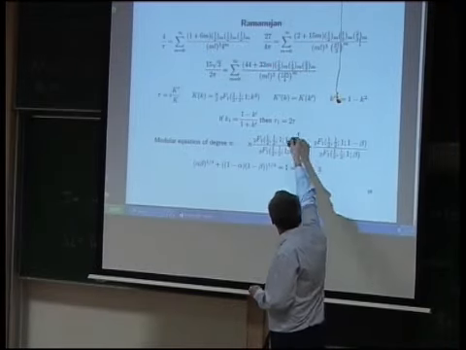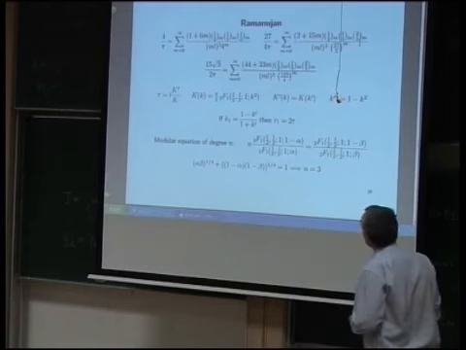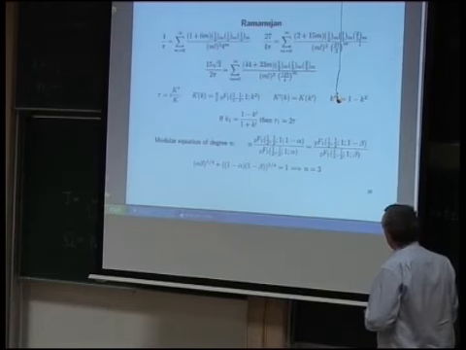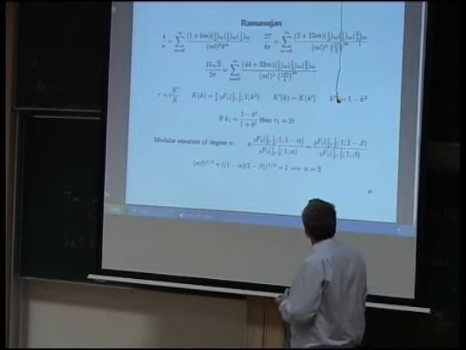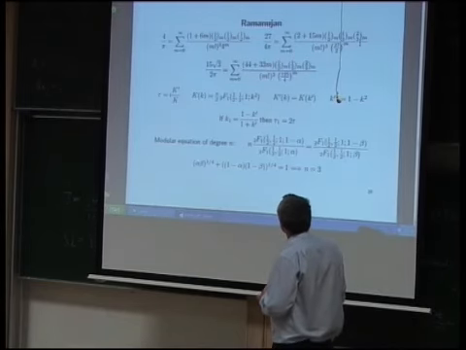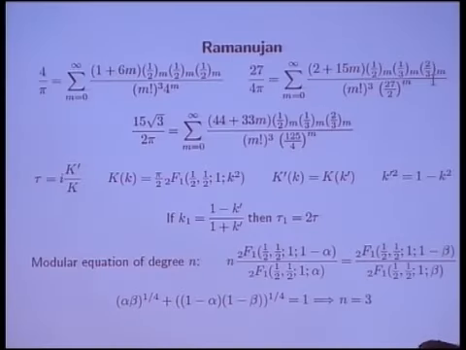So if I wish to say, how do I relate the argument of the hypergeometric, the modulus, when I double or when I treble? So a modular transformation is going to lead to an equation of this form. And here we have, if alpha and beta satisfy that equation, then you know that n is 3.